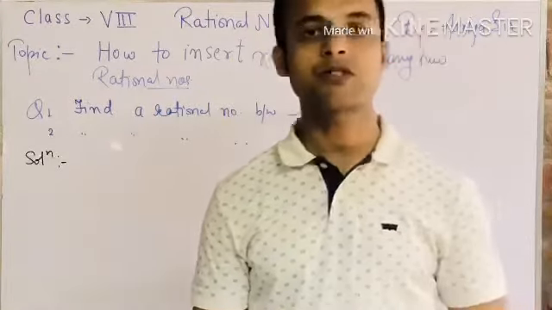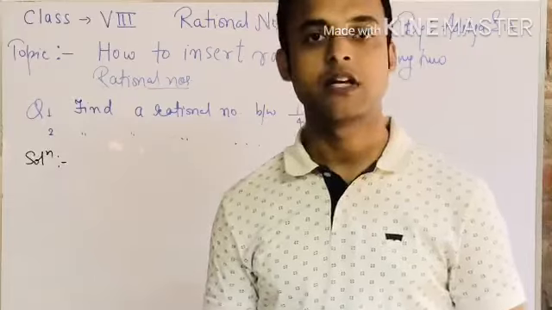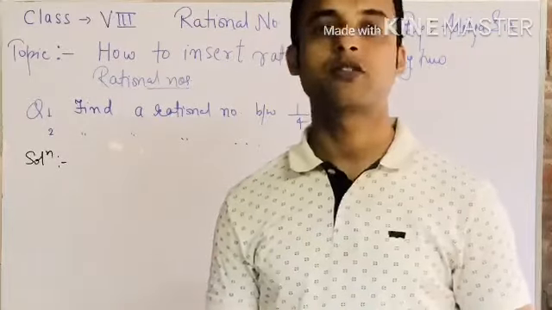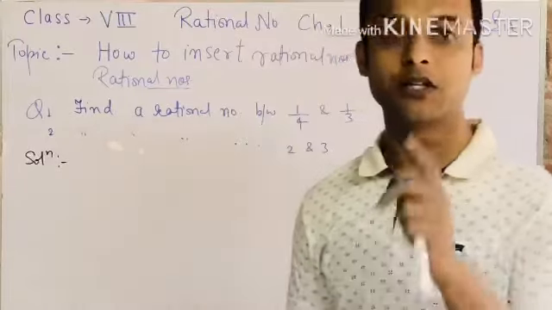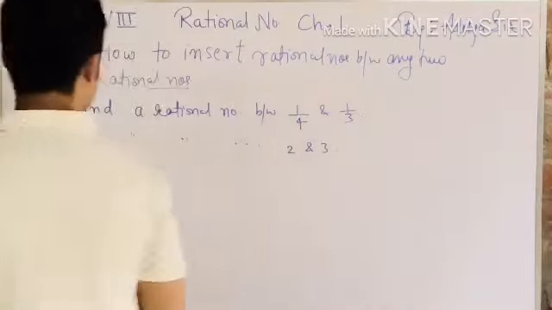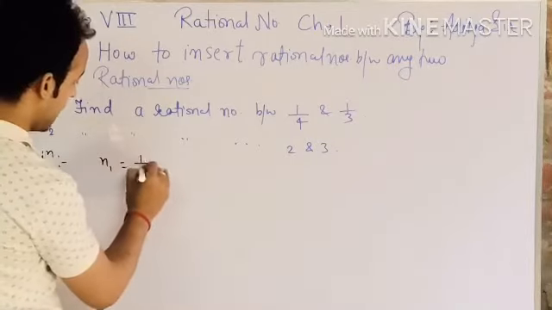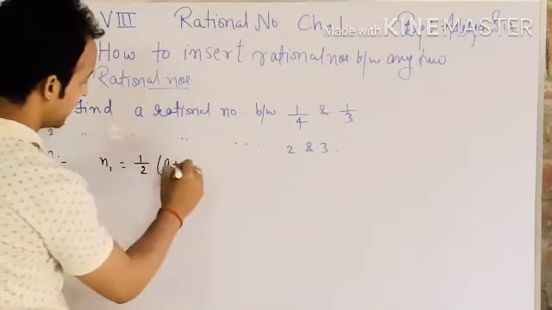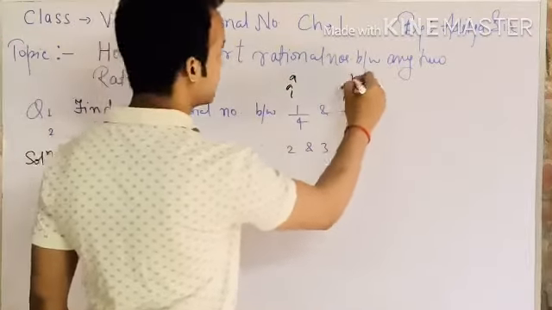Average method means you have to add both the rational numbers and divide by 2. Simply we can say (a plus b) by 2. So here, n1 is equal to half into (a plus b), where this one is a and this one is b.